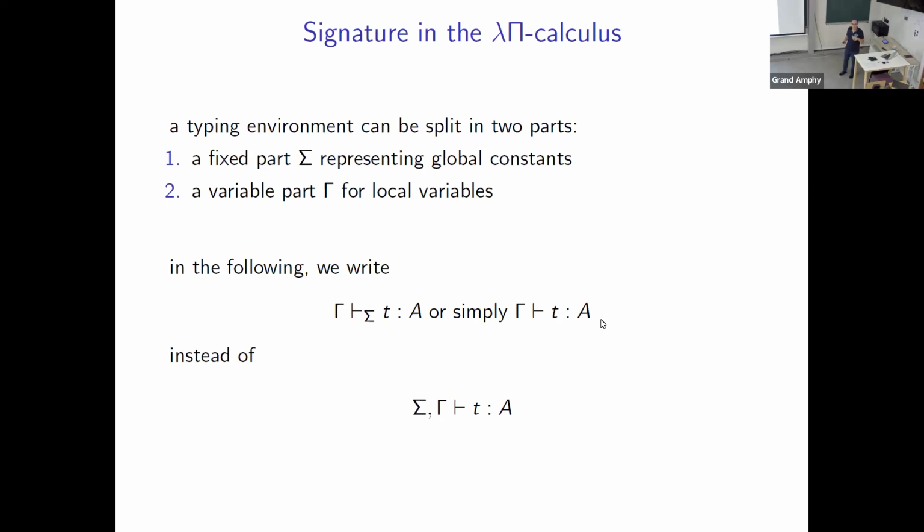But to handle abstractions, we also have local variables. So now I'm going to split in two. The fixed part, this is what I'm going to call the signature, providing the global constants. And then you still have local variables in gamma. Sometimes I may not write sigma anymore because it's implicit. This is the ambient theory in which we are working.